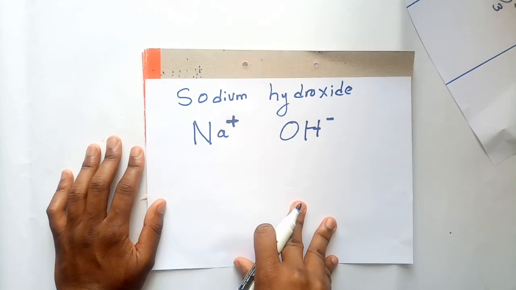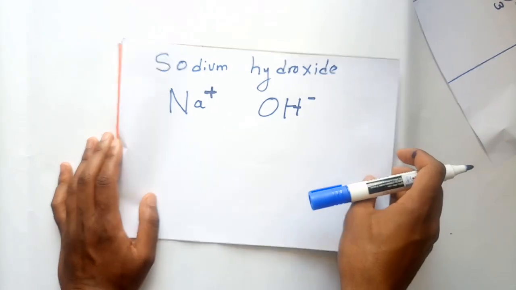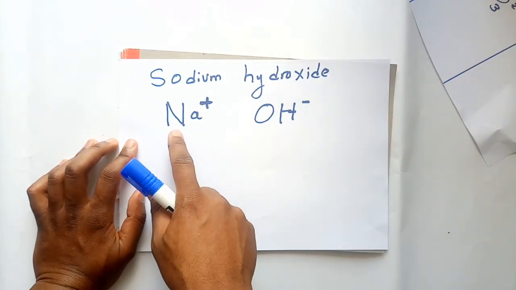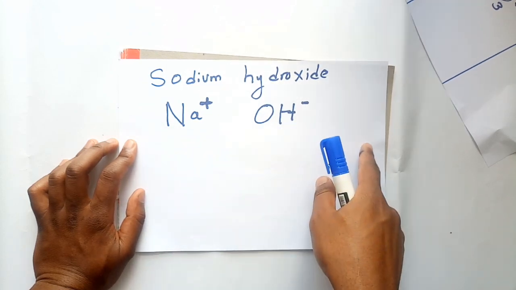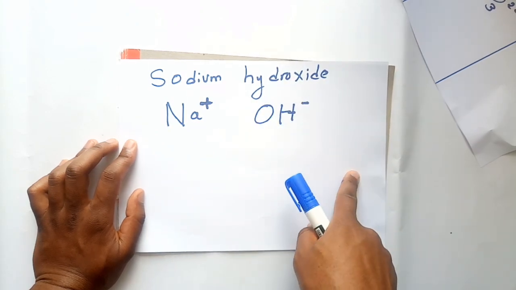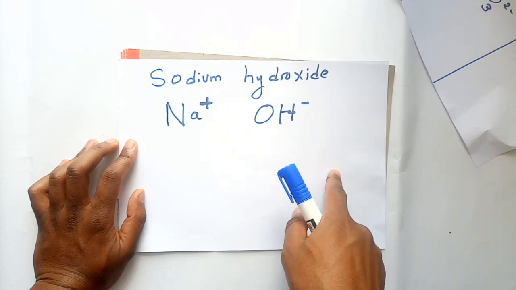So how then do you write the formula? I want you to remember this. In the previous video on how to write chemical formulas, we said that when the ions combine to form a compound, their charges must cancel out to form an overall charge of 0, because compounds will always have an overall charge of 0.